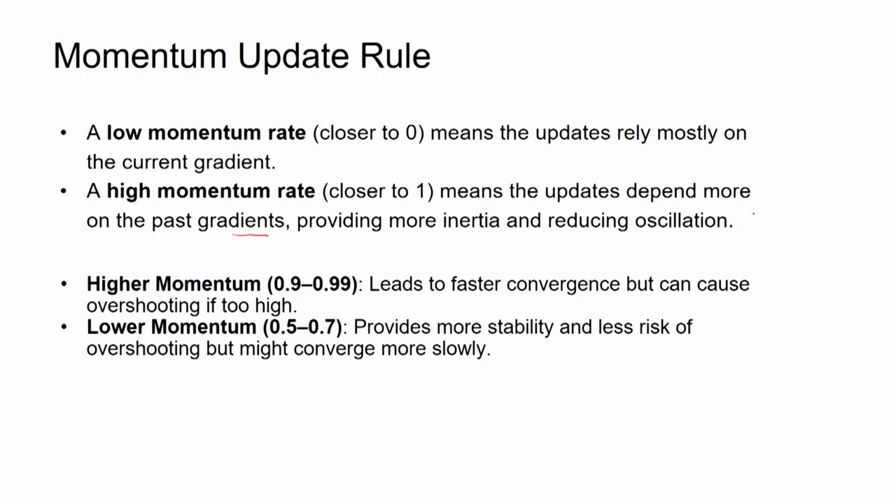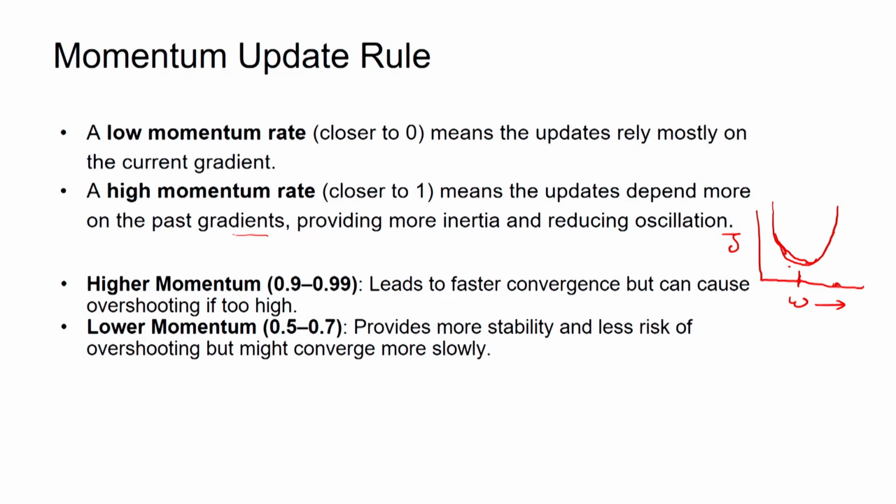I forgot to discuss oscillations, so let us discuss them here. We have seen the cost function: if this axis is the model parameters and this is the cost function, we plot it like this, and basically you get a parabolic curve. Initially we randomly take some value of these parameters, and then using the gradient descent method or the momentum update method, we update our parameter values.